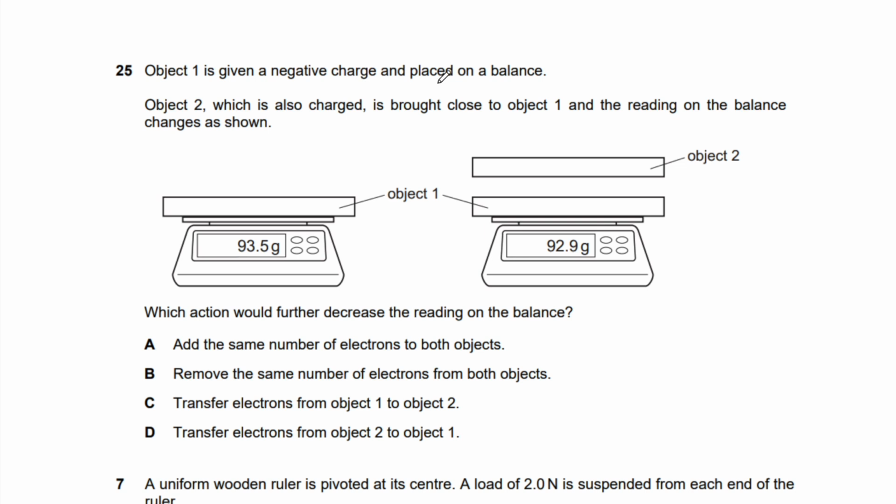Object 1 is given a negative charge and placed on a balance. Object 2, which is also charged, is brought close to object 1 and the reading on the balance changes as shown. So it decreases, right? Which action would further decrease the reading on the balance? Firstly, object 1 is negatively charged, and because the reading decreases, we can conclude that it is attracted to object 2, which means object 2 will be positively charged.